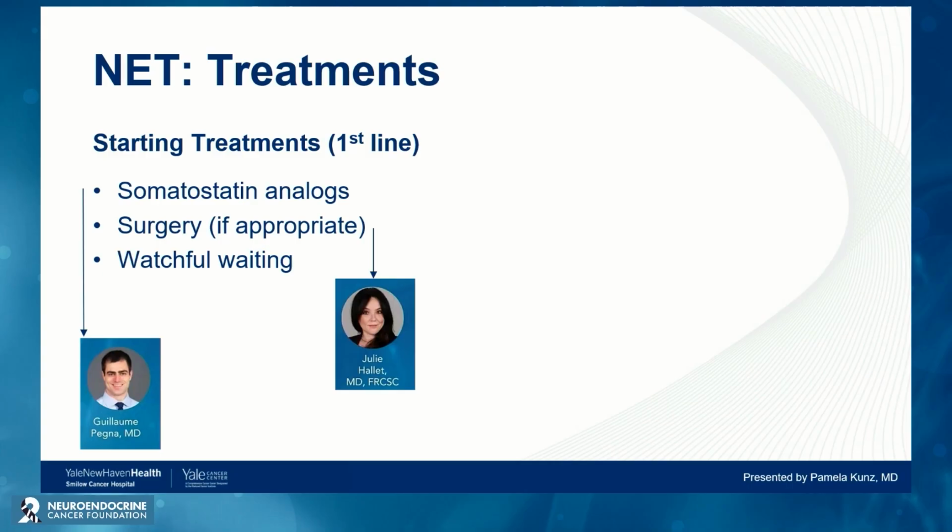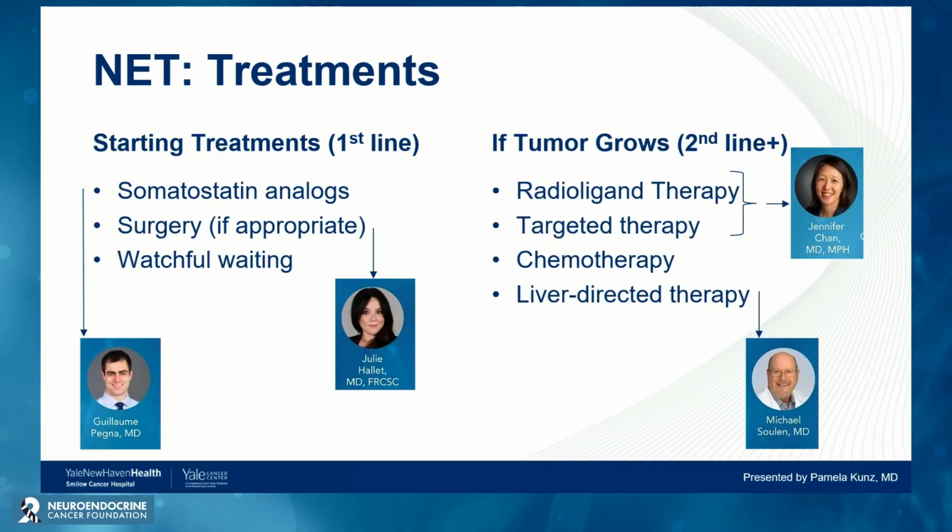Dr. Pegna will be talking about that, or has already. And surgery, Dr. Halle already discussed that. And then watchful waiting. Watchful waiting would mean if a patient is asymptomatic, maybe newly diagnosed, we may think about watching with serial imaging before even starting treatment. There are select patients for whom that's appropriate.